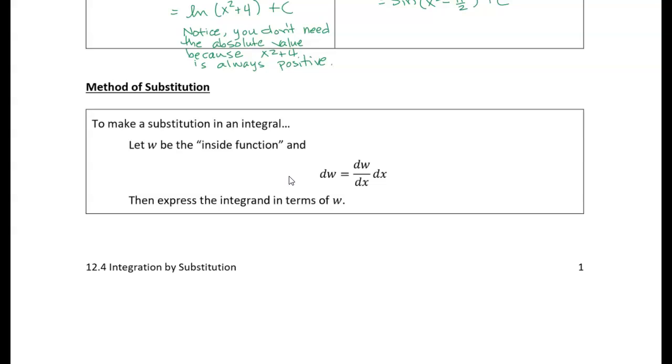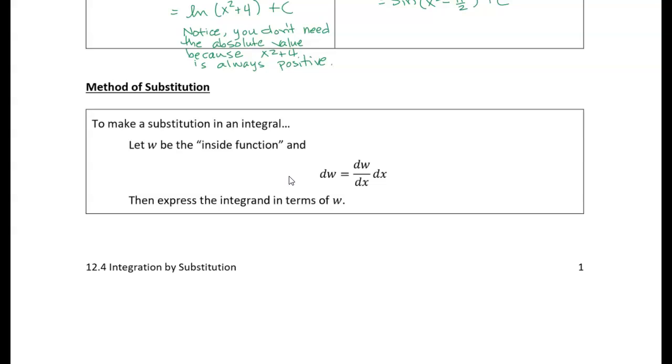So the method of substitution, what you do is you try to recognize where the inside function is. What is the inside function? That's the first part, identifying what should be the inside function. And then we're going to do a substitution. We're going to call that inside function w.